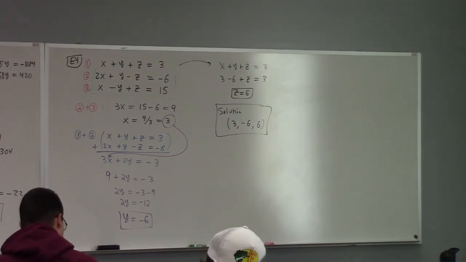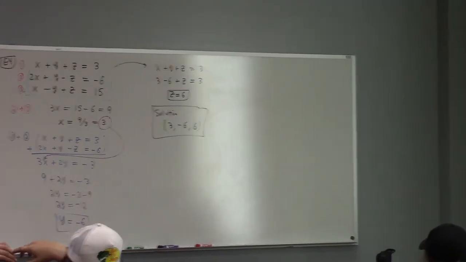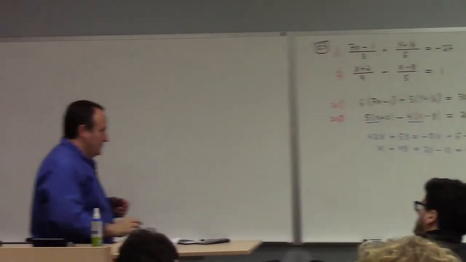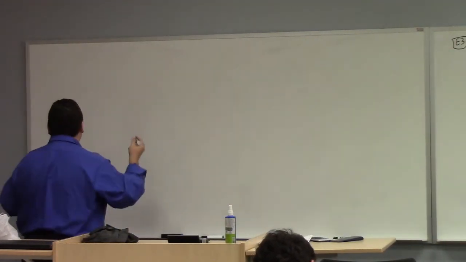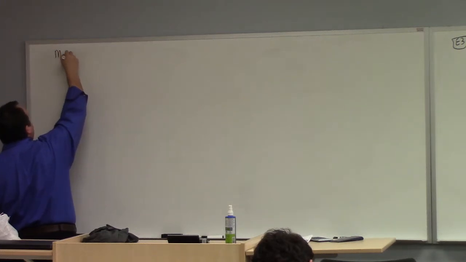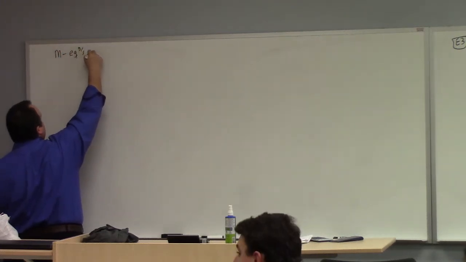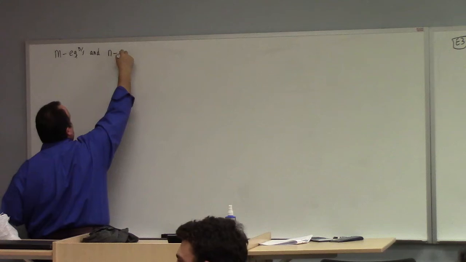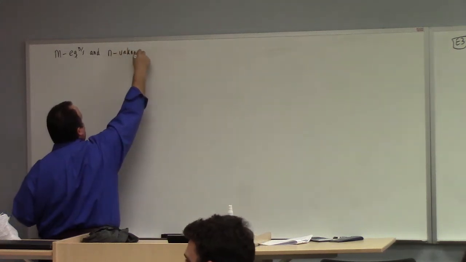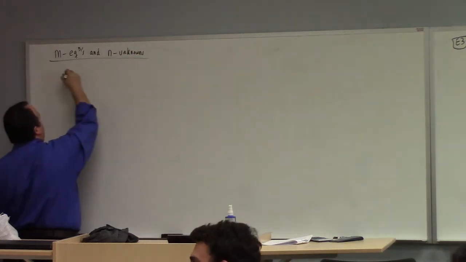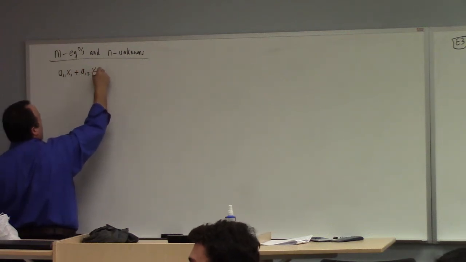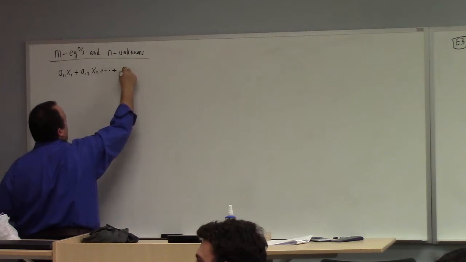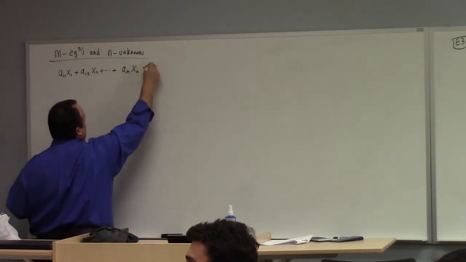If you'll indulge me for a second here, I need to explain what the general problem of m equations and n unknowns looks like. Something like this: a11x1 plus a12x2 plus dot dot dot plus a1n xn equals b1.